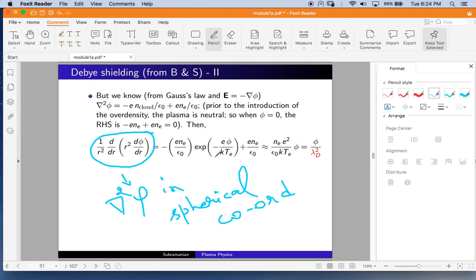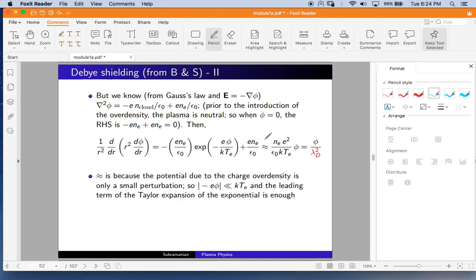And now what I'm going to do is, this approximation is simply expanding the exponential in Taylor series. So why is that justified? Because the overdensity is only a perturbation. So the numerator is much smaller than the denominator, and so this is much smaller than 1.